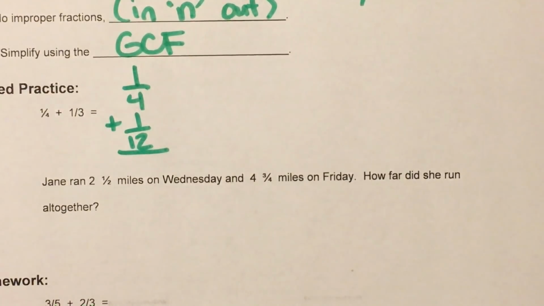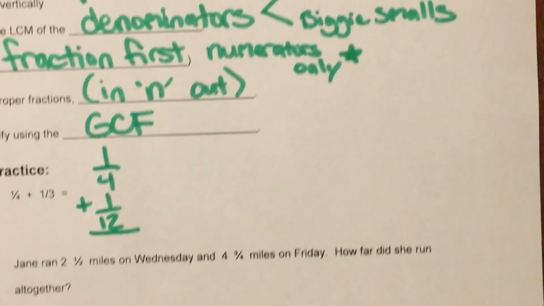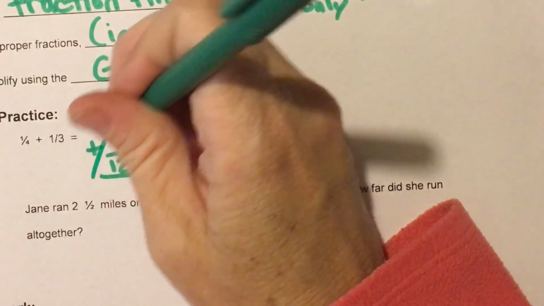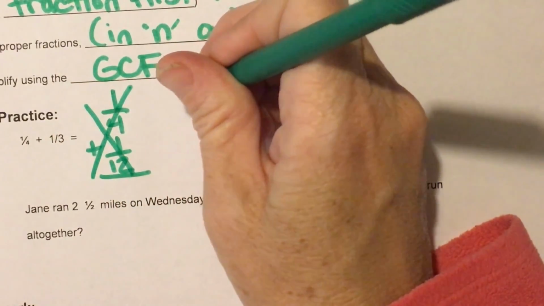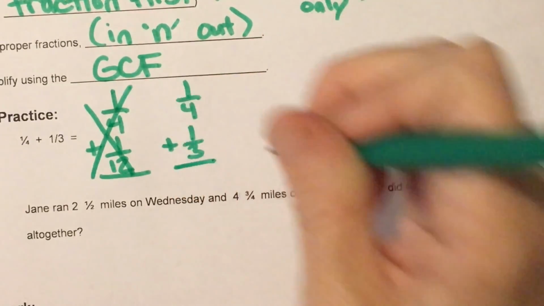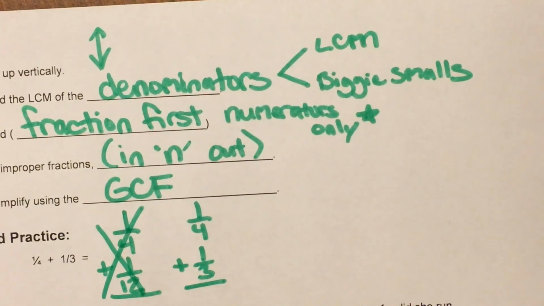Next, I'm going to find the LCM of the denominators, so 4 and 12. Now, remember up here it says I could try this trick biggie smalls. Does my small one? Oh, I set that problem up wrong. Oh, I'm so sorry, ladies and gentlemen. 1/4 plus 1/3.